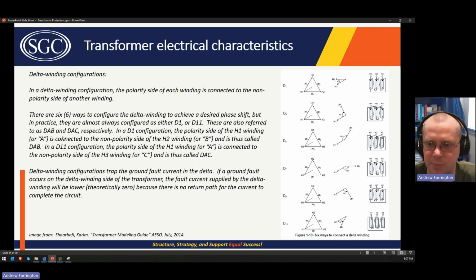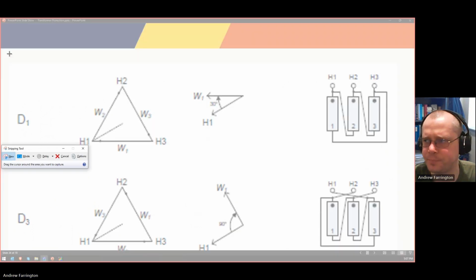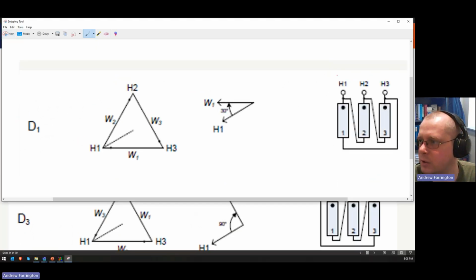So this is another type of nomenclature you'll see. What that means is, we zoom in on a D1 phase shift. If we assume that we connect the H1, H2, and H3 bushings to A, B, and C, then the polarity of the A bushing is connected to the non-polarity of the B bushing. You see that?